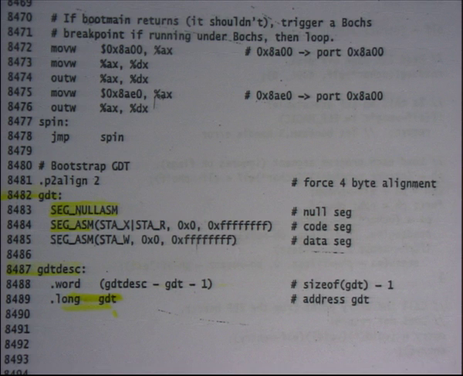right? Which contains your segment descriptors, right? Segment descriptors are nothing but numbers. They are just numbers which specify that this flag should be set up, this is the base, this is the limit, and all that kind of stuff. In this case, here is SEG_NULLASM, which basically says the 0th descriptor is null, never use it, nobody should ever use it, all right?